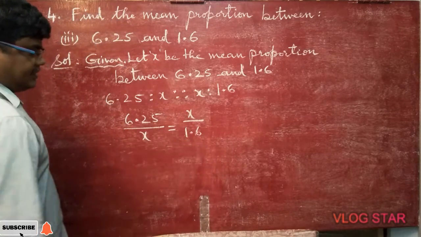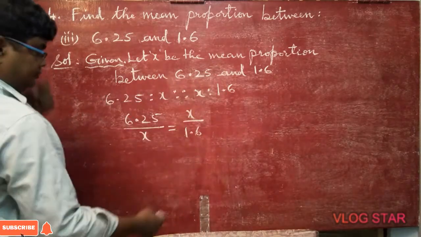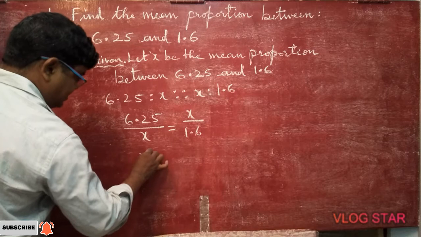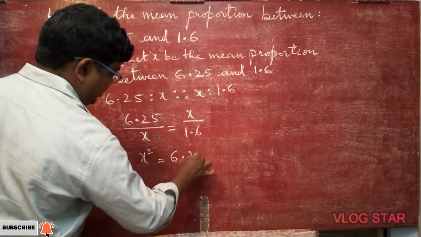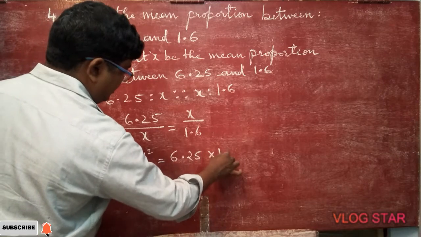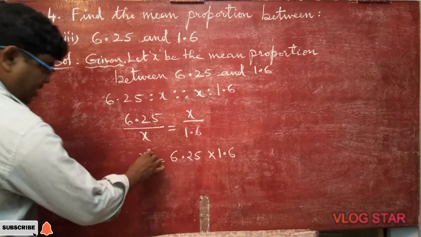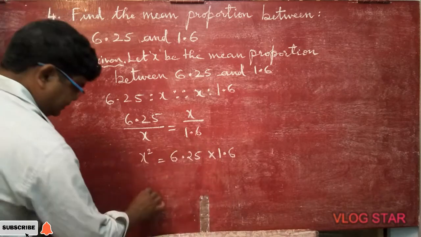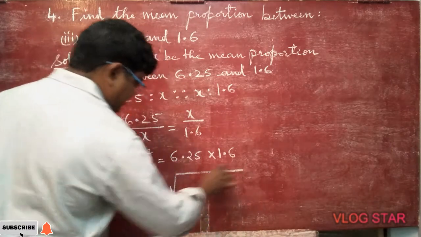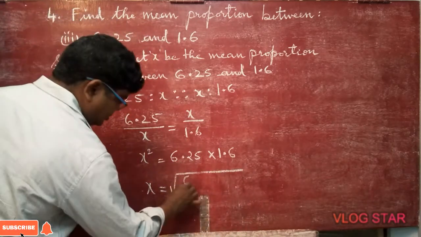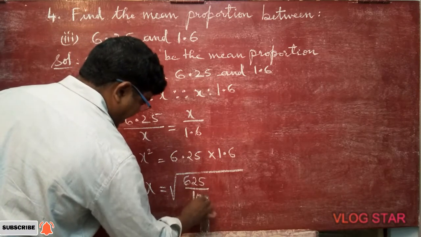Do cross multiplication, or you can do product of means or product of extremes, because it is a proportion. Now x square is equal to 6.25 into 1.6. Square going from left to right, square root. x is equal to square root of, I want to remove the decimal, so 625 by 100.